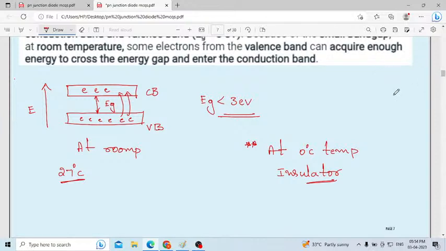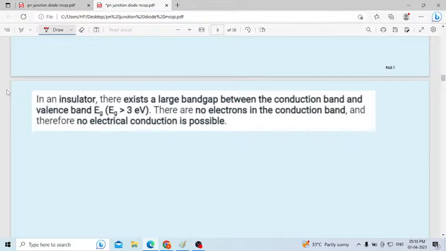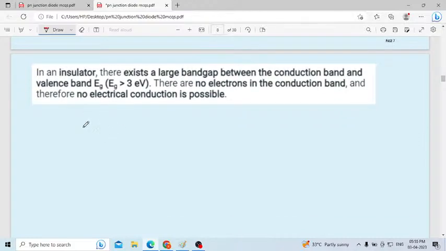Let us study. Remember here, in the case of a semiconductor, the value of this energy gap will be less than 3 electron volt. But in the case of an insulator, this is the valence band, this is the conduction band.